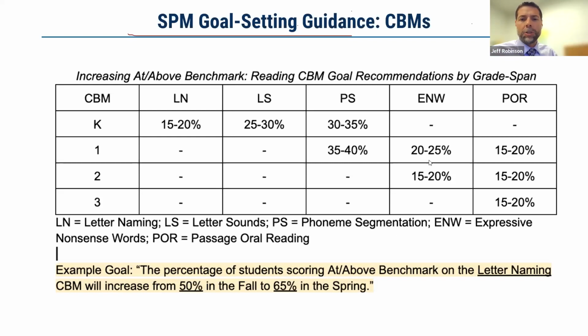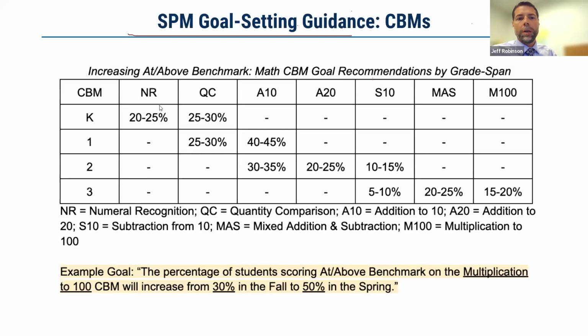So again, to understand the chart, if I'm looking at 35 to 40%, you'd pick a number in that range and add it to whatever your class's actual performance was to get your goal percentage. This is for increasing at or above. That was for reading.